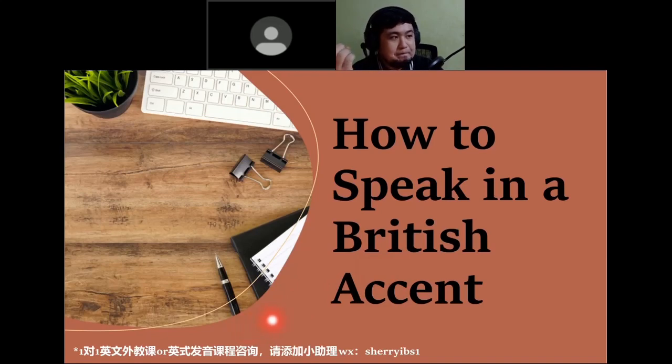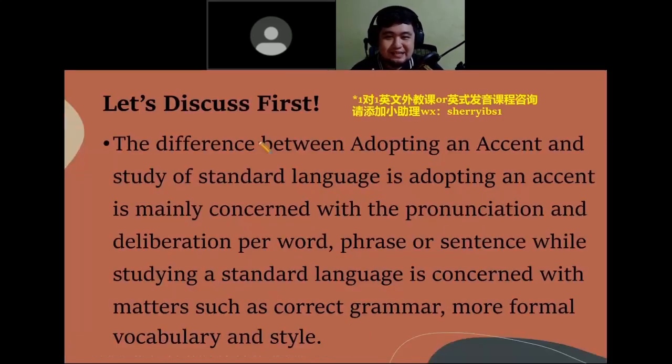Accents are how you speak or pronounce a word specifically. For example, there are regions in the world where they speak a certain way. In America, they have their own way of speaking English, and people in the UK speak British accent or British English. Okay, so that is the definition of accent.